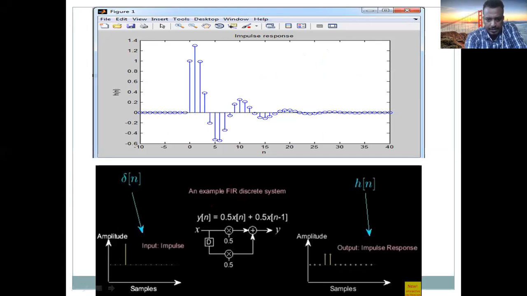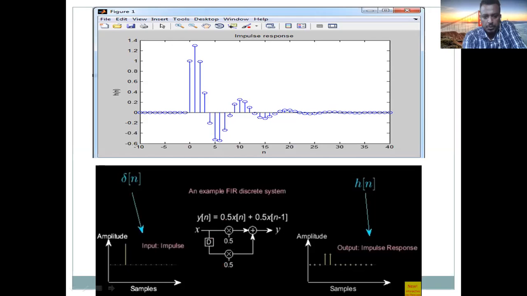This is a finite impulse response discrete time system example. Here you see the difference equation: y of n is equal to 0.5 x of n plus another signal. Look here, x of n comes here multiplied by 0.5, plus this other signal from this side. x is delayed by 1, so it becomes x of n minus 1, multiplied by again 0.5, and added together, it will give us the output.